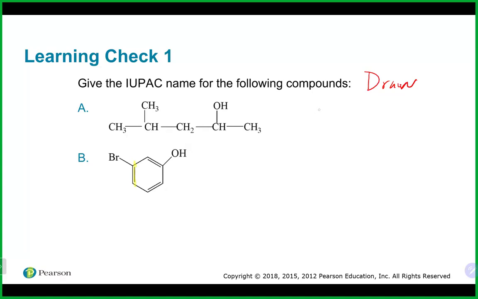Let's draw 4-bromo. Then 3. Now we'll do pentanol. See how that turns out.